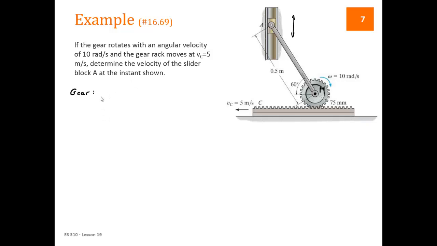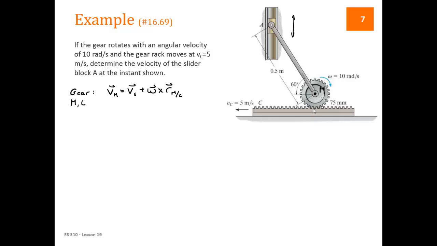The 2 points we're going to look at are M and C. So we've got Vm vector is equal to Vc vector plus omega crossed with R of M measured from C. And all of those are vectors.